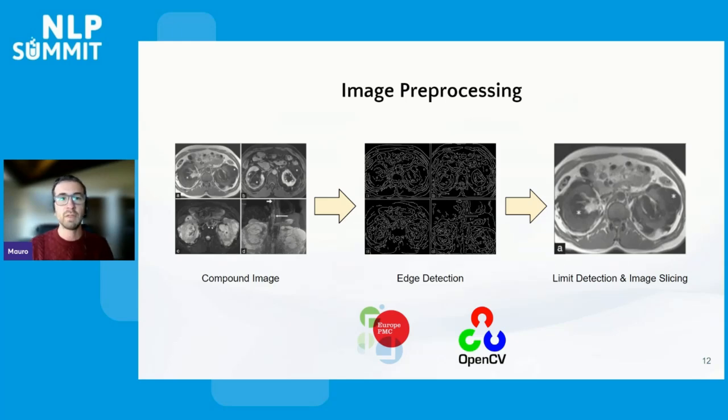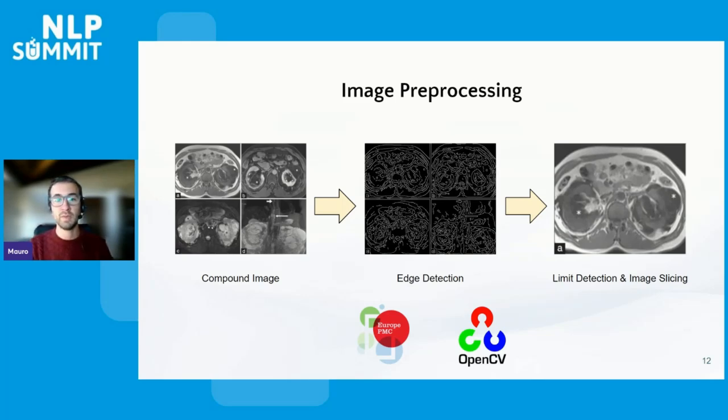So what we did in order to split it, first we did some edge detection, and then we identified the limits of each image by considering the parts of the image that were not crossed by any edge. And that's how we ended up splitting images into multiple parts.